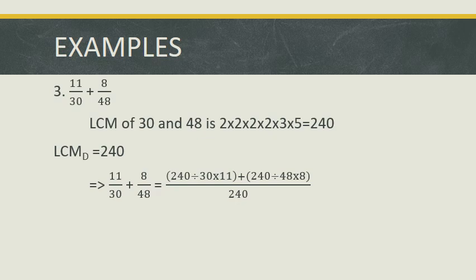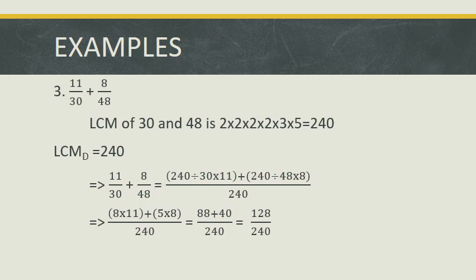Now children, what will we do now? Now we will follow the BODMAS method. So according to this method, you know that first we have to solve the brackets. So first we will solve the two brackets.